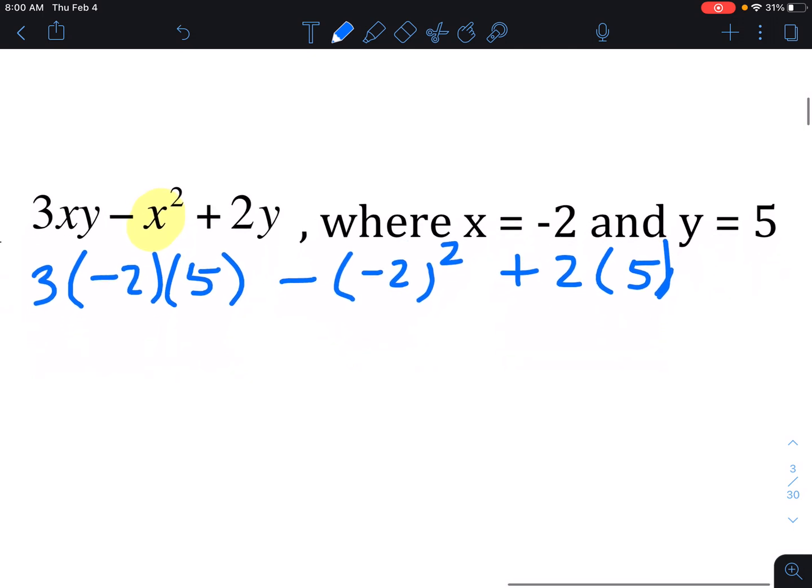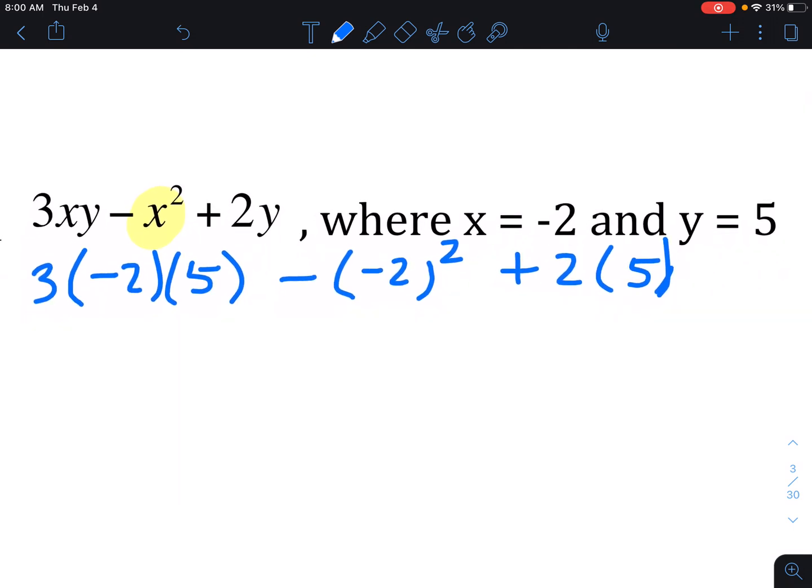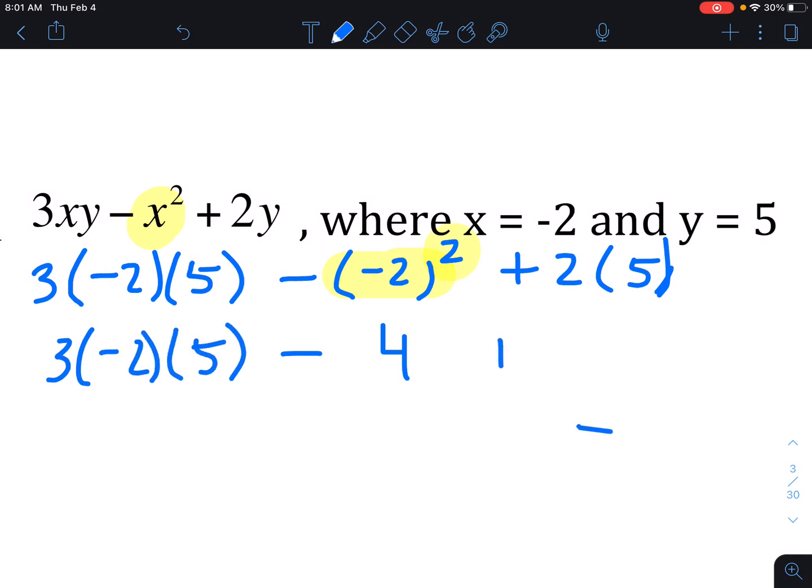All right, so what to do first? No parentheses here. They're all down to single numbers. So what do? Exponents, Pemdas, P then E. So we are going to do -2 squared. So that'll be 4. Then bring down everything else with it, around it. All right, then we're going to multiply.